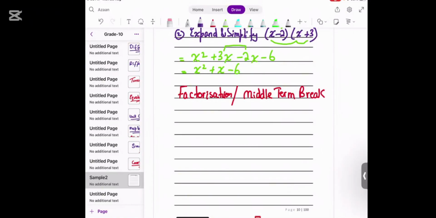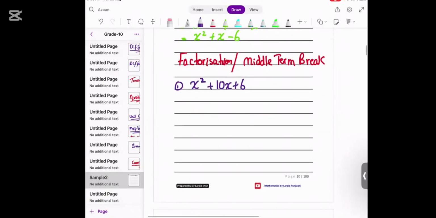For example, the question is x square plus 10x plus 16. The question will say factorize the following.